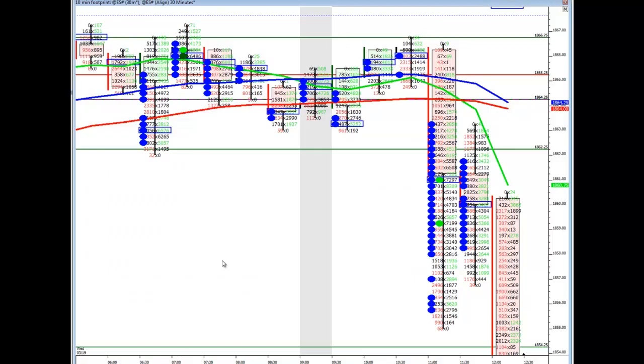Now, to refine our entry and to get in at a better place, naturally we have to go to a shorter time frame. I'm going to drop down to a 30-minute time frame, so we've dropped down from the 1020 to the 30 to refine our entry. And let's take a look together at the different pieces of information that we have on our 30-minute chart for the ES Mini.